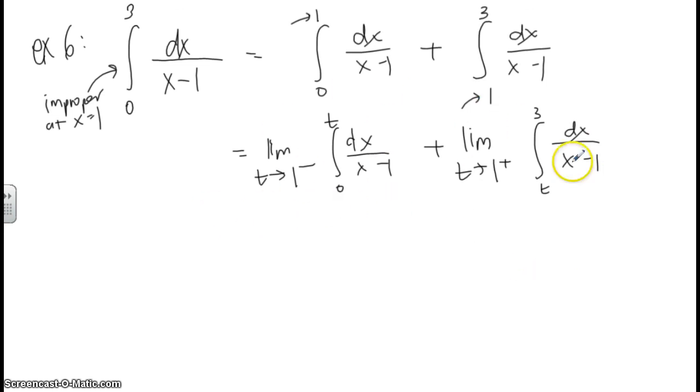Now, if you don't split this up into its 2 integral parts, and you just take the antiderivative of x minus 1, you will get an error. You will get an area that is actually a mistake. So try this. Check your answer in the book.